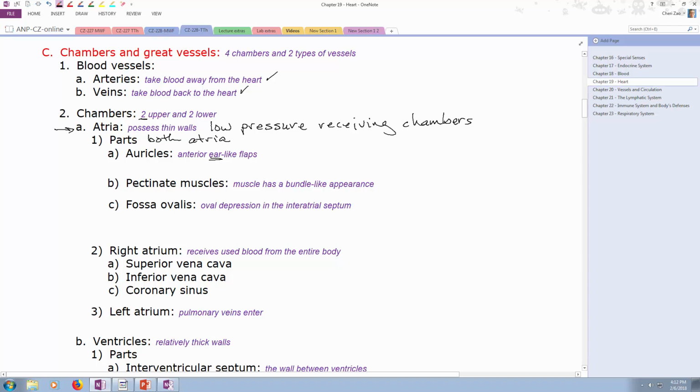In the auricles are these lovely pectinate muscles that line the auricles. The auricles themselves are the only really obvious muscular component of our atria.